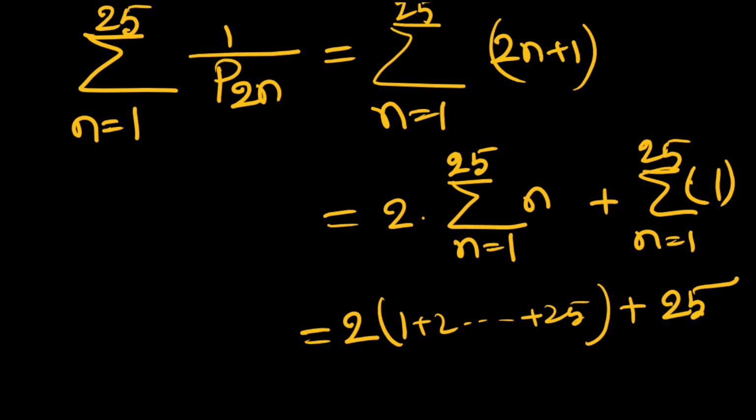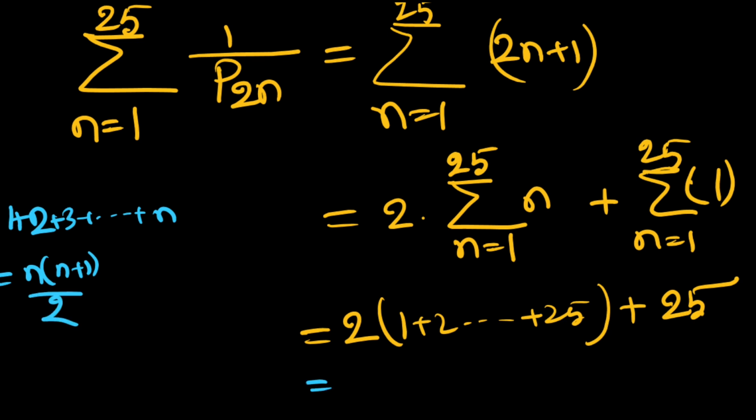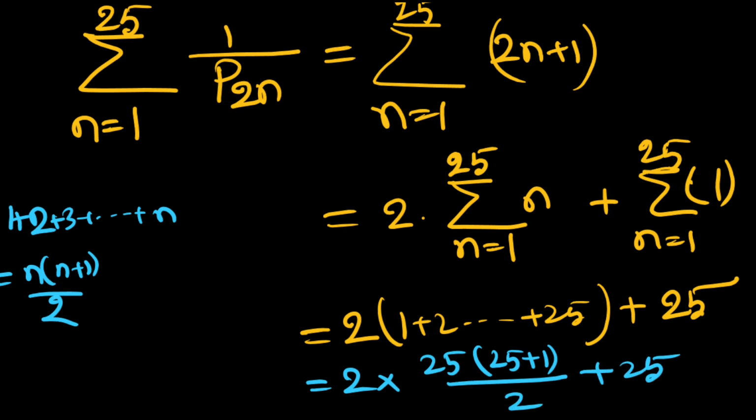Now we know that 1 + 2 + 3 + ... + n = n(n+1)/2. So use here n = 25, that is 2 into 25(25+1)/2 plus 25.